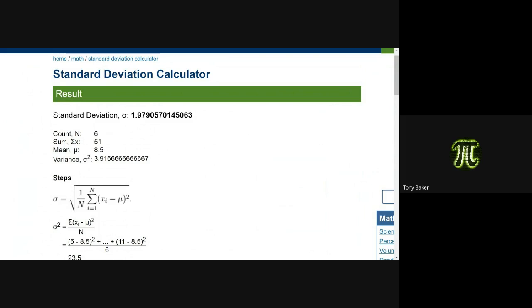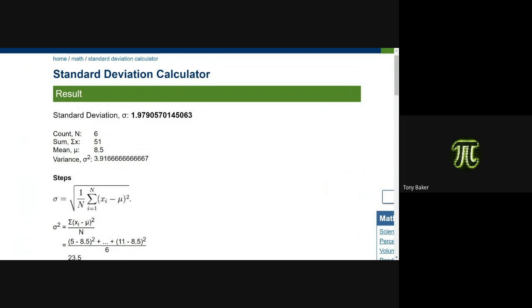They might make you get the software to do it. The MATLAB and stuff like that will actually do it. They might expect you to be able to find it on a graphing calculator or a calculator that you actually have. Some calculators can do it. Some calculators can't. So you have to find one that has the stats option on it. A lot of the scientific calculators do have that feature on there.